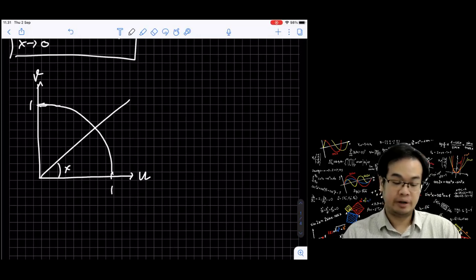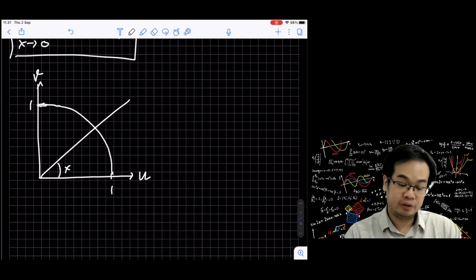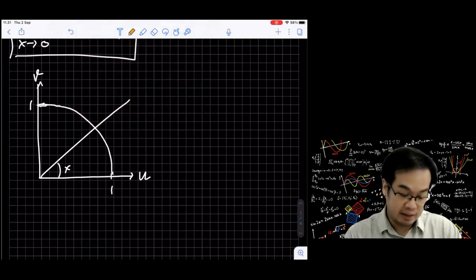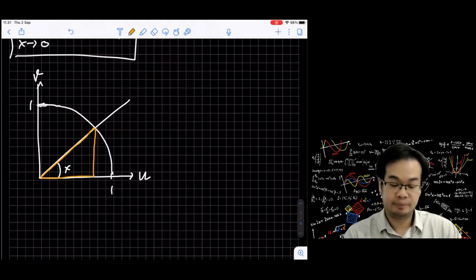Okay. Now to prove this formula, I'm gonna need this picture, and I'm gonna create three shapes from it. The first shape is a triangle that is made by the radius, like this, the orange triangle.